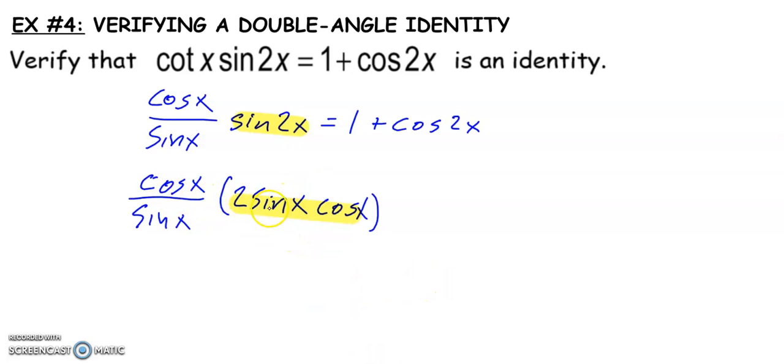When we multiply these together, these sine x's are going to cancel out. We're left with 2 cosine squared x, and that equals 1 plus cosine 2x, because cosine x times cosine x is cosine squared x.